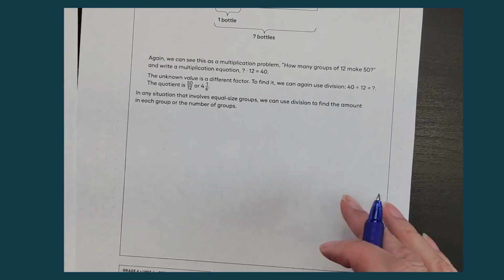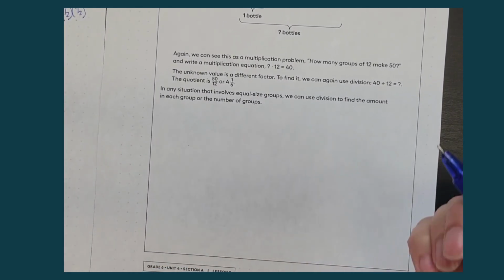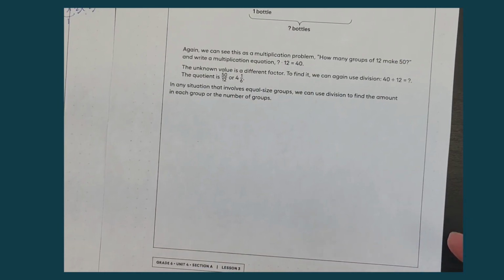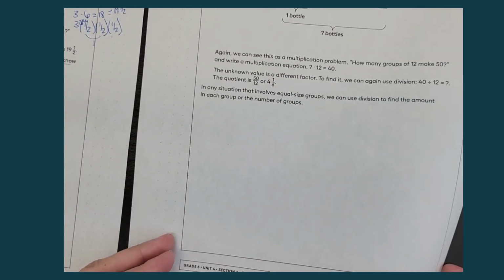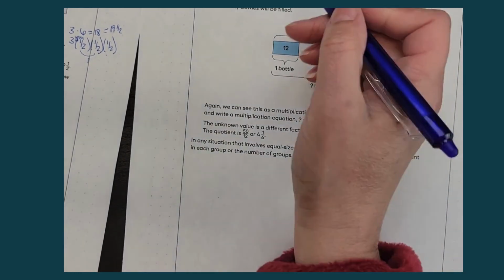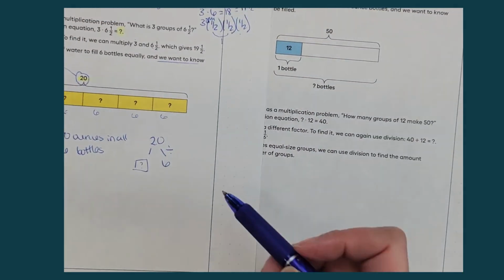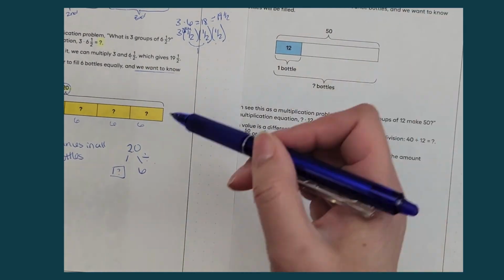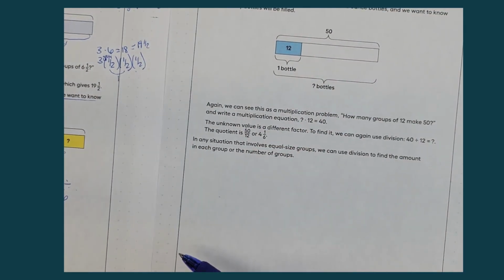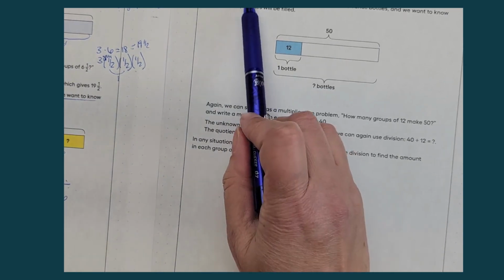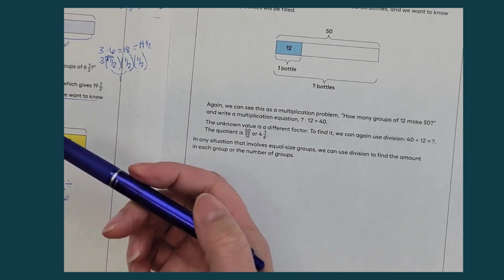So we're going to look at that in this way, just how we did here. So we have 6 groups of what number make 20. So you can see that we have the same equation done in a slightly different way if we're thinking about the relationship between those two numbers. So the unknown value is one of the factors.